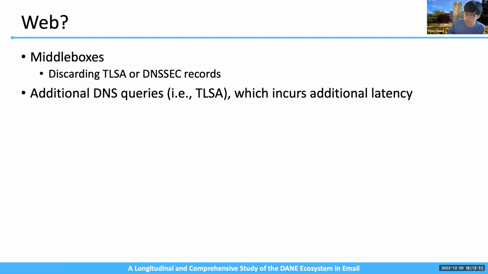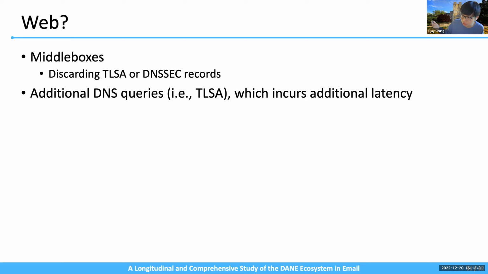There are some studies showing that a Wi-Fi access point or a router sometimes discards DNS records that are typically larger than a single IP address. For example, there are studies showing that middle boxes sometimes drop DNSSEC records, right?